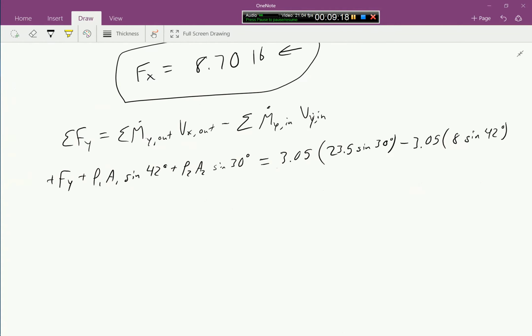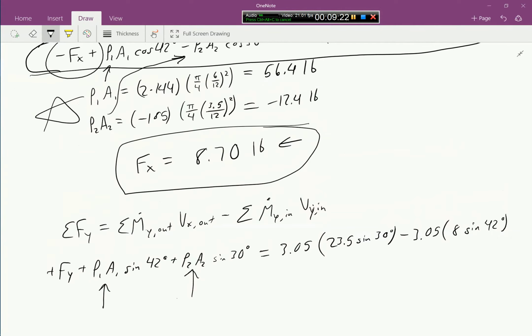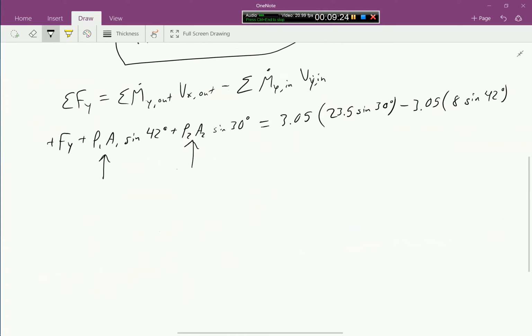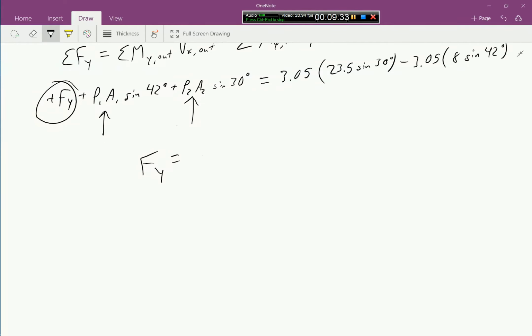And again, the P1A1s don't change, so we found those right here. And we will figure out that Fy is our only unknown. So we just algebraically solve this problem, and we get the value of Fy to be 83.6 pounds.